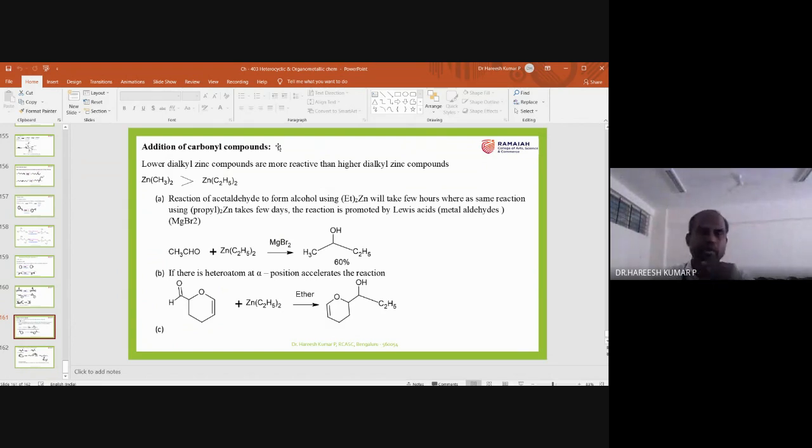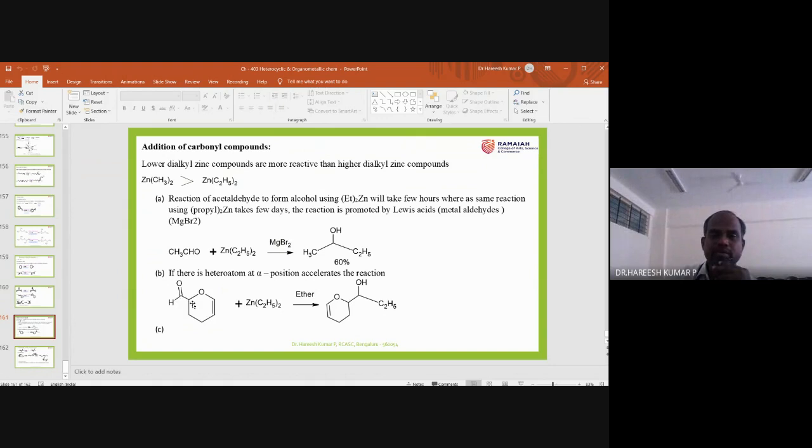Here we have CH3CHO, a carbonyl compound, acetaldehyde. Diethyl zinc acts as a source of ethyl group. Ethyl is added to this carbonyl carbon. What it means? It means there is a formation of alcohol.